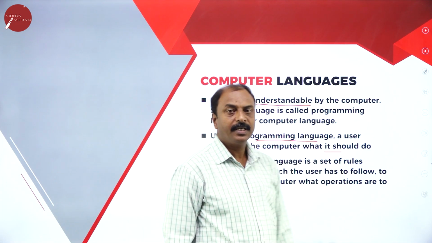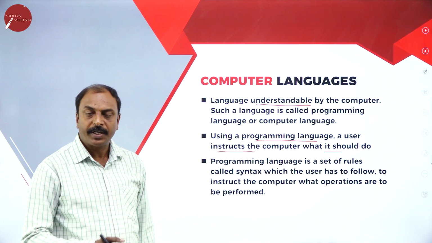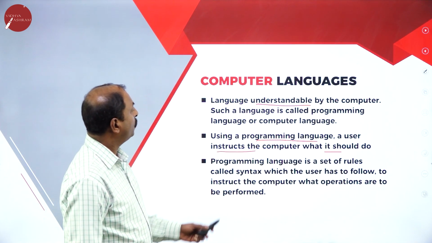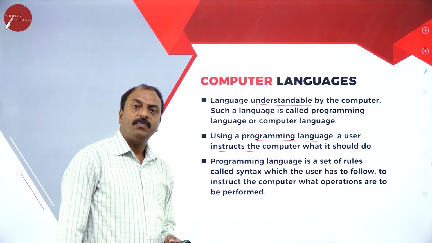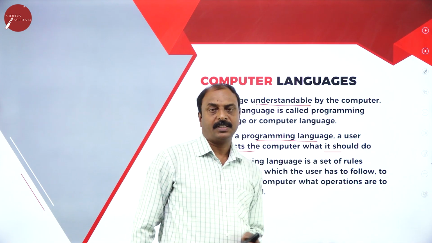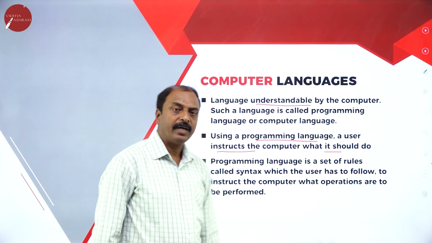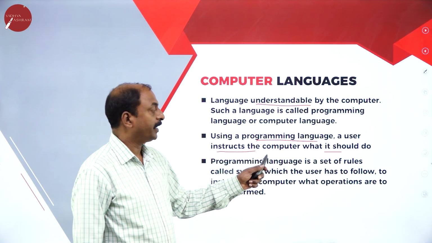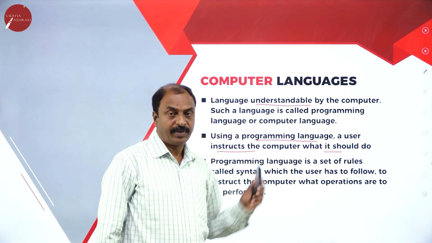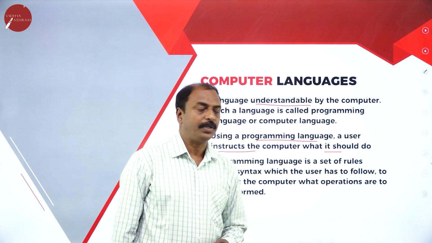Here it is an interface or medium of communication. Now how do we communicate with the computer? Through instructions. So we have to instruct the computer to do a task or whatever work is to be done. Accordingly, we have to instruct the computer in computer language. That is very, very important.